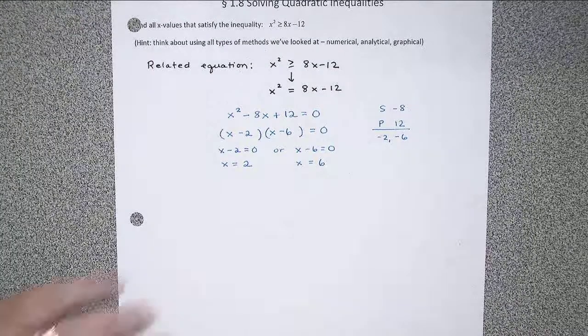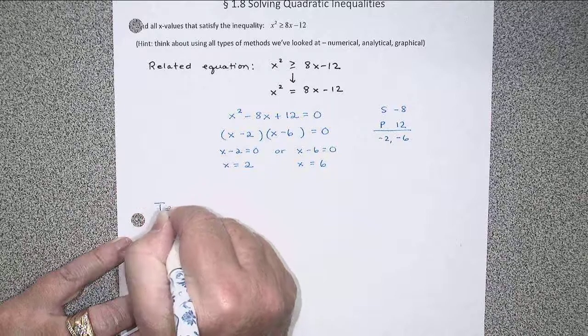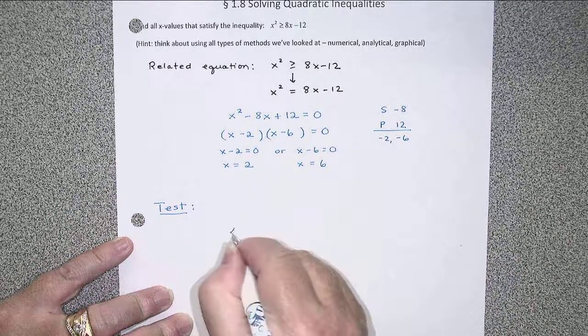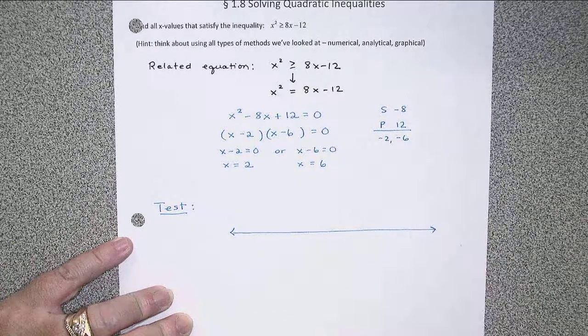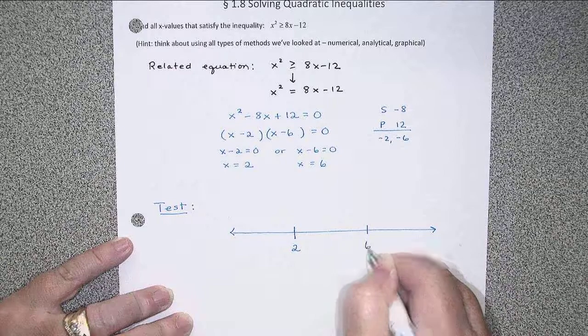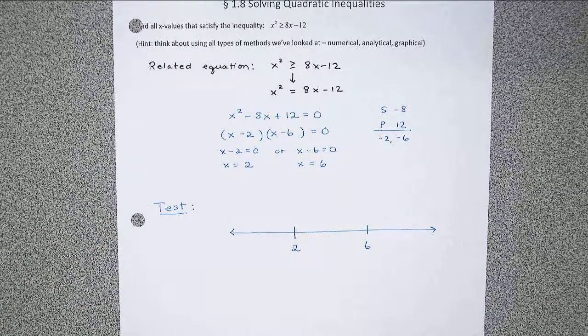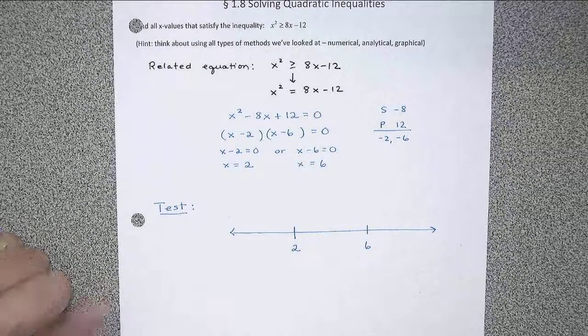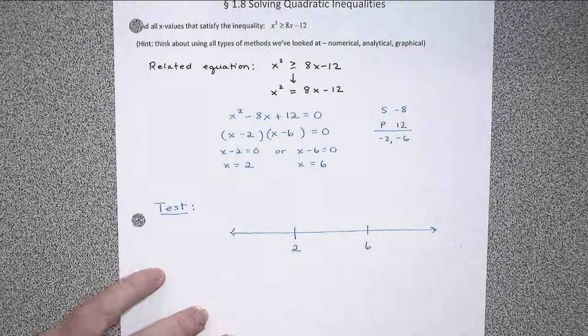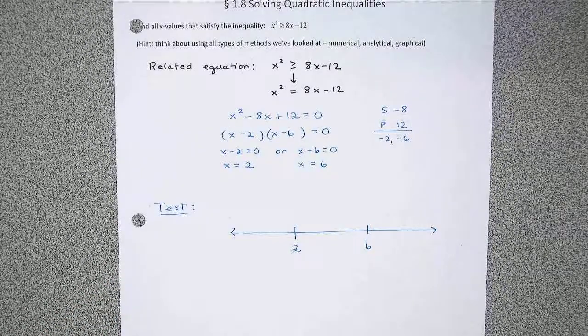So let's do that. I'm going to test my inequality. The way I'm going to do that is to draw a number line, and I'm just going to put x equals 2 and x equals 6, the two solutions to the related equation, right there on my number line. I know that if I choose just one value in each interval, whatever happens for that one value will be true throughout the entire interval.